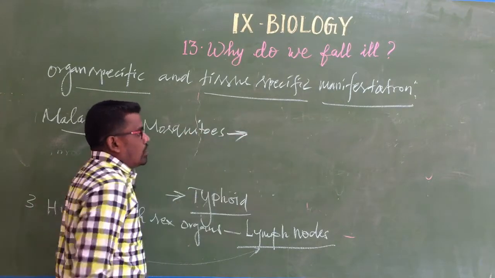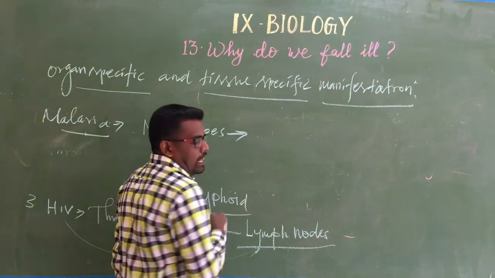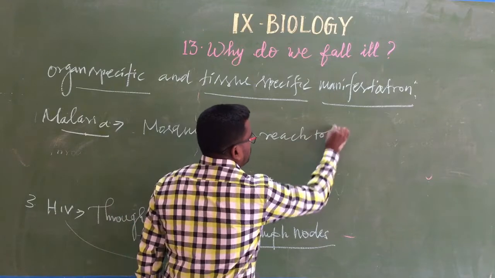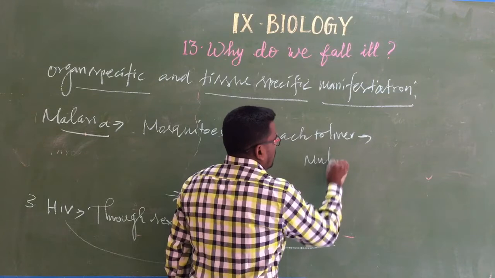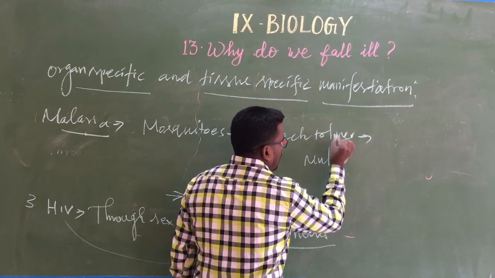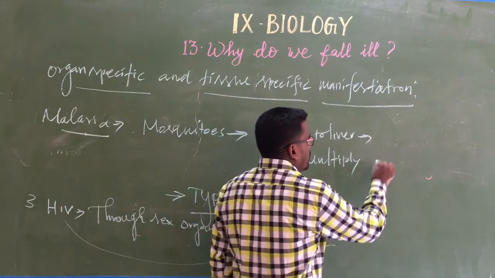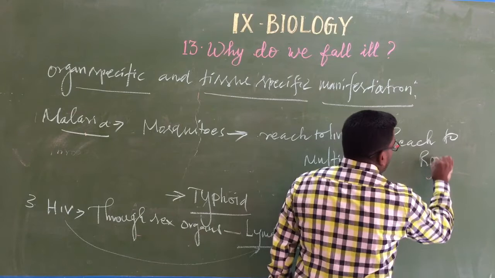Then after biting, the malaria causing agents reach the liver. Then in the liver, the pathogens are multiplied. After multiplication, it reaches the RBC.